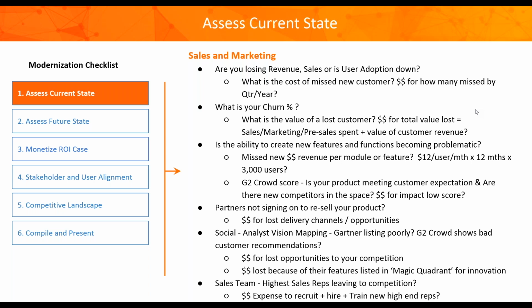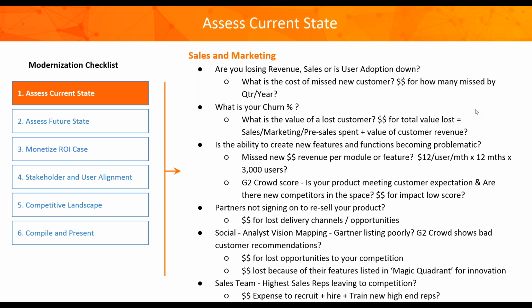One of the things that can happen here is that heavy negativity, or in some cases negativity on other social media, can directly impact whether a customer buys your feature, function, software, or service. Do you have partners that are not reselling your product over someone else's because your product is poorly written or doesn't have the functionality? We talked a little bit about some of this analyst vision. Does Gartner weigh into your view? Do you have these recommendations where customers are out looking for recommendations?